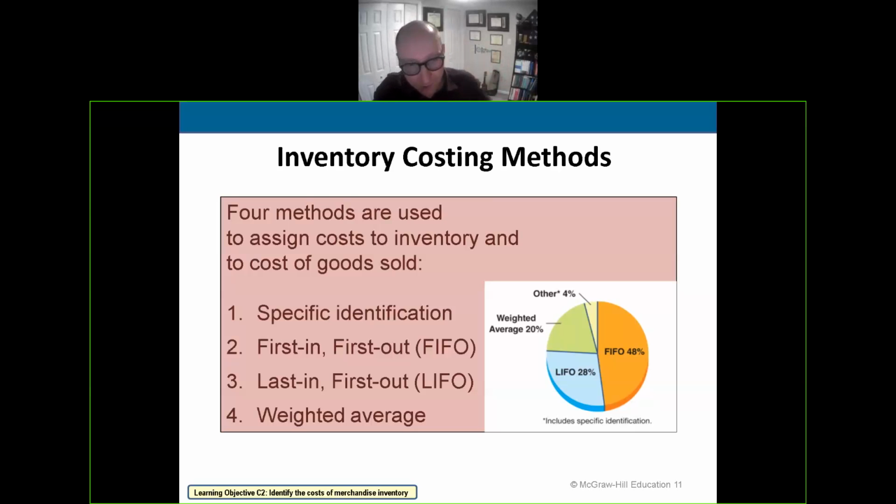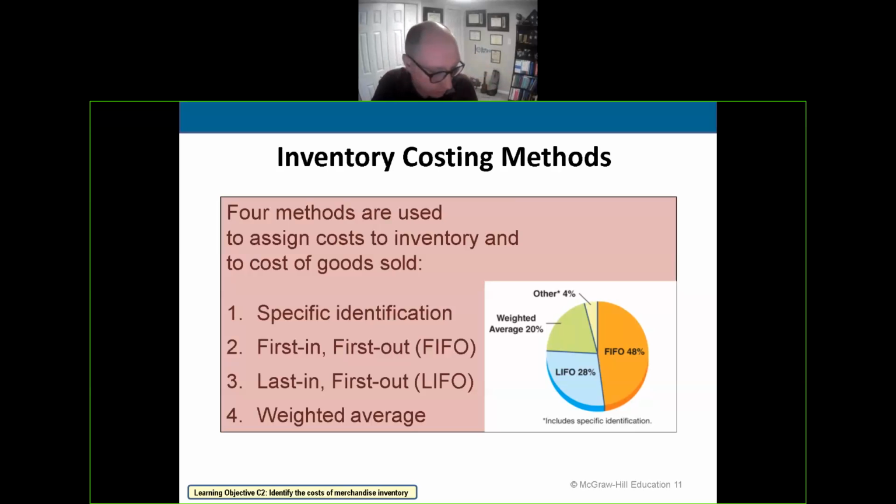The third method is called the last in, first out method. Okay, last in, first out method. This is used by about 28% of companies throughout the world. Last in, first out means it just arrived and I'm going to sell it first. Examples of companies that use the last in, first out method include companies like Macy's, Best Buy, you know, companies like that.